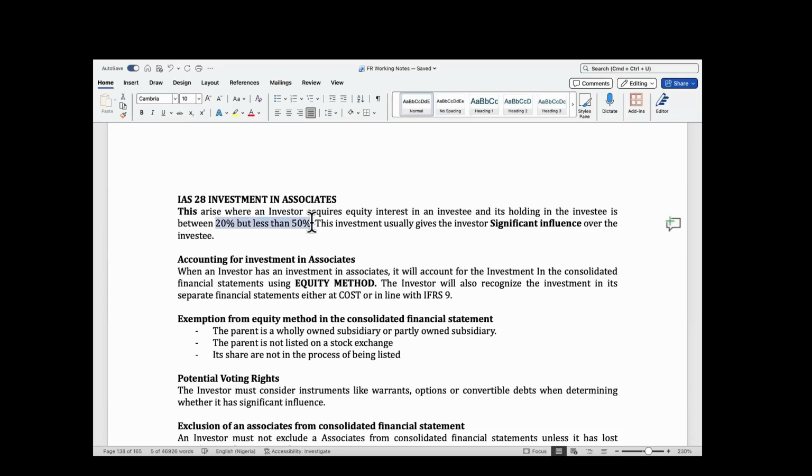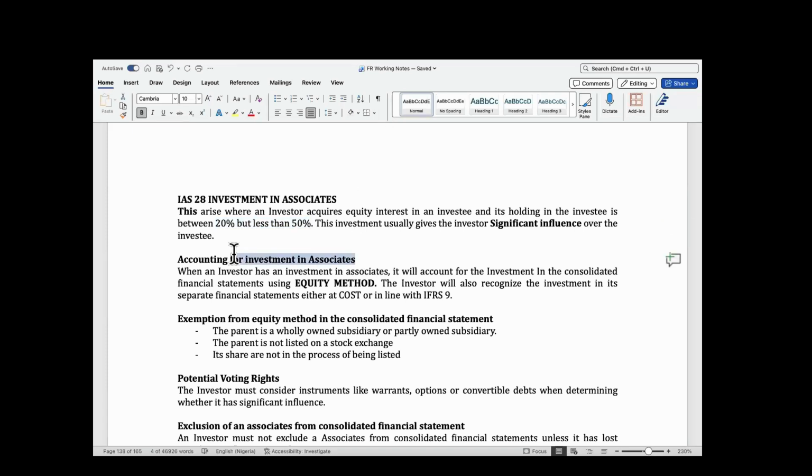And I've also told you that this type of investment gives the investor significant influence over the investee. And I told you also what significant influence means. We have discussed that at length in our first class. You know that is the power to participate in the financial and operating decision of the investee. That's significant influence.